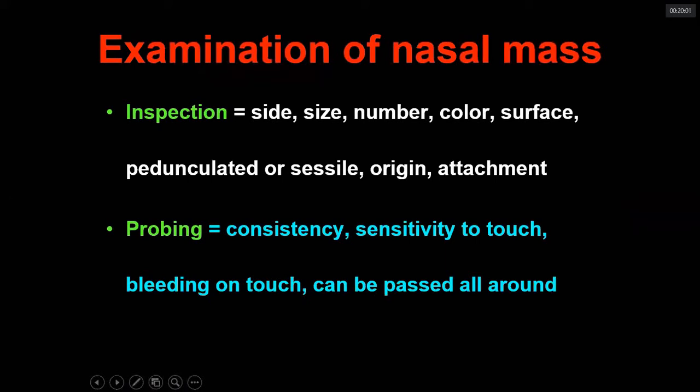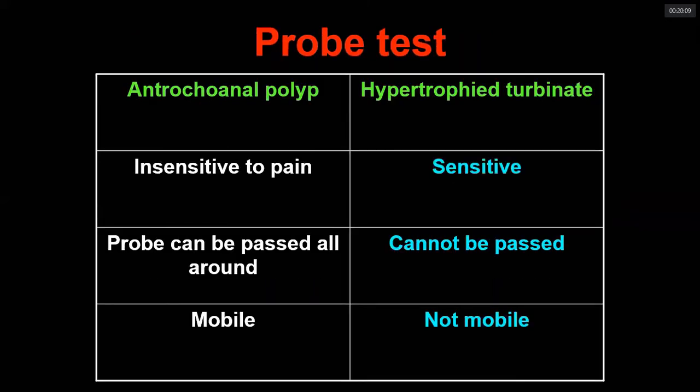So you may be asked, why do you do the probe test? To look for sensitivity and consistency. Now, how will the probe test differentiate between an AC polyp and a hypertrophic turbinate? After you finish the class, you may wonder why you even need to differentiate between these two.